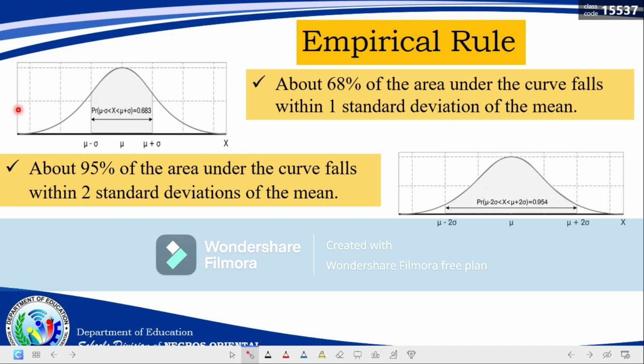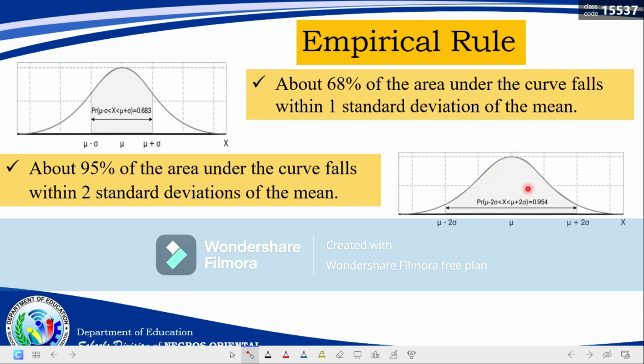For about 95% of the area under the curve falls within two standard deviations of the mean, it means that if we take a look at the normal curve, you have this shaded part, meaning this is your mean, and then mean plus 2 times the standard deviation, and then mean minus 2 times the standard deviation.